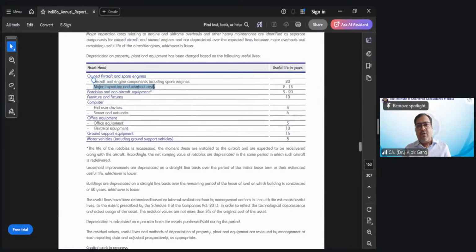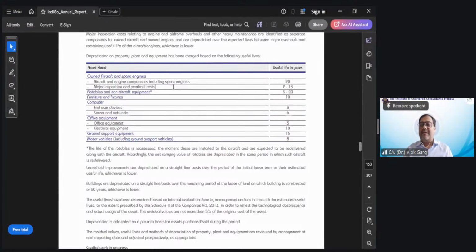Major inspection and overhaul cost, 2 to 3 years. You can see this is Indigo Airlines, one of the largest listed companies of India, an aviation company. This aircraft and engine components including spare engine is 20 years. Major inspection overhaul cost is 2 to 3 years.